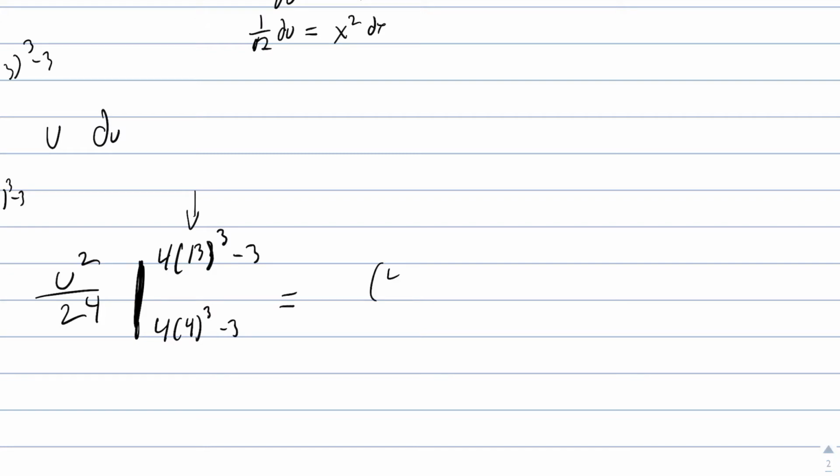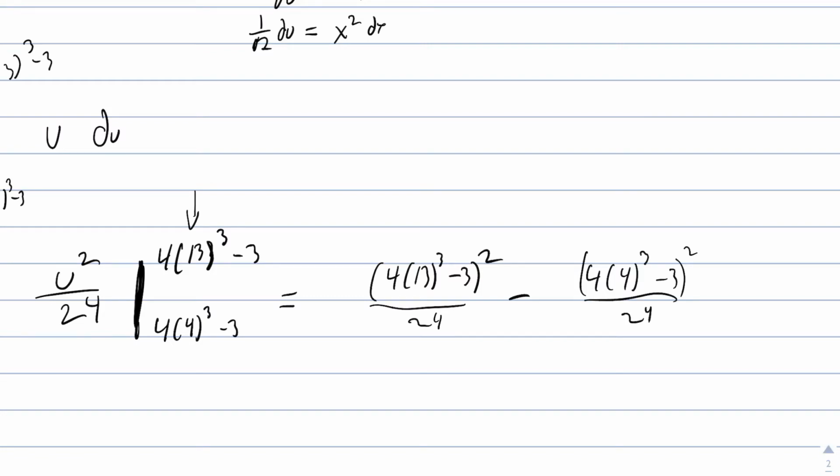So you can just plug it in, like 4 times 13 cubed minus 3 squared over 24 minus 4 times 4 to the third minus 3 squared over 24. Give me a second and I'll figure out the actual value.